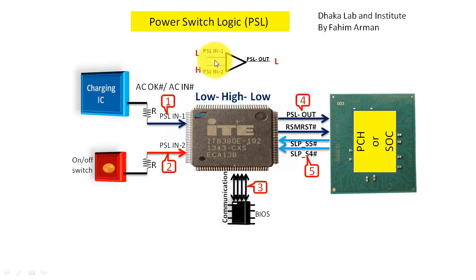If you want to make the output high, there must be two highs, but there is one high and one low, so the output will be low. So that's why this logic works like that. This is low and this is high, and as this comparator is an AND gate, high and low gives output low. So this was the power switch logic.